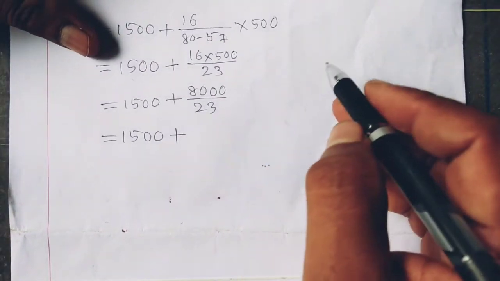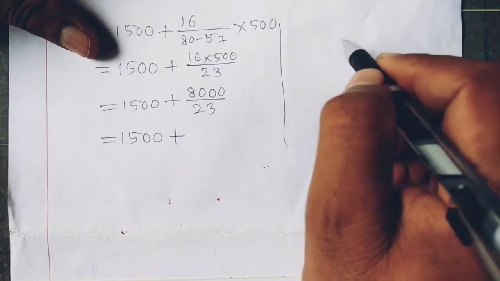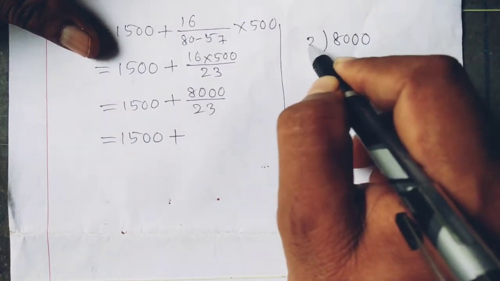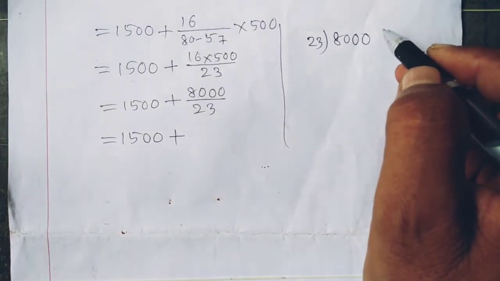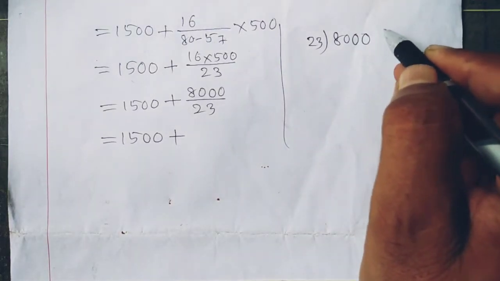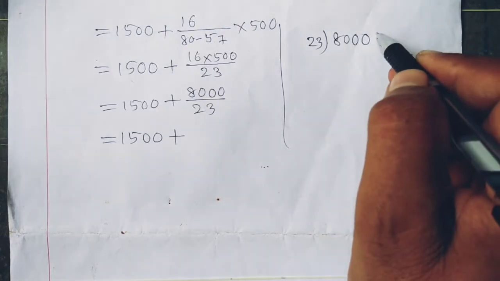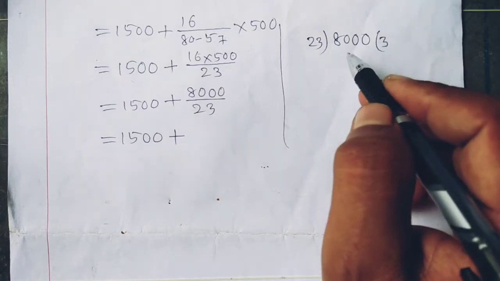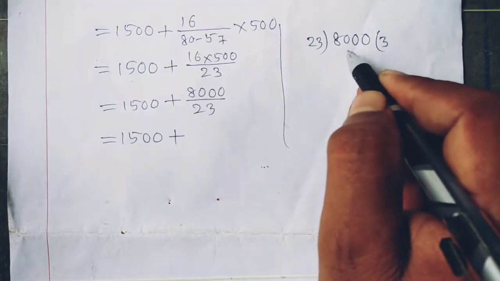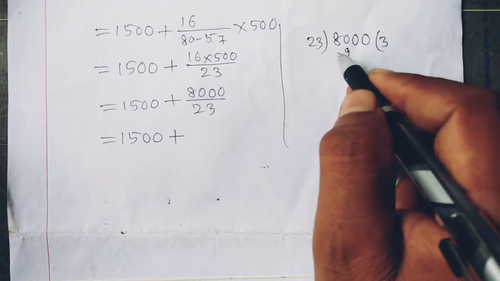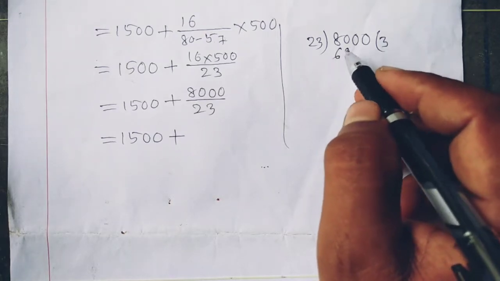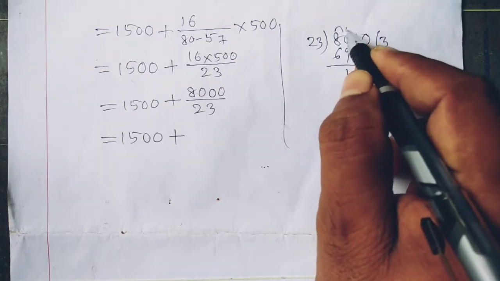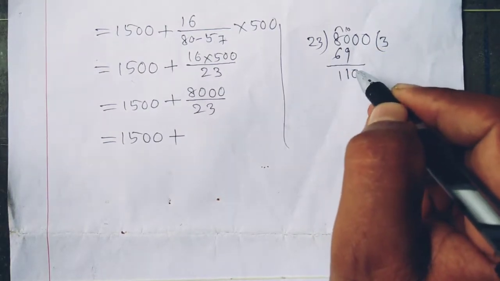Here we can solve 8000 with 23. First, 23 3s are 69. Subtracting gives 110.